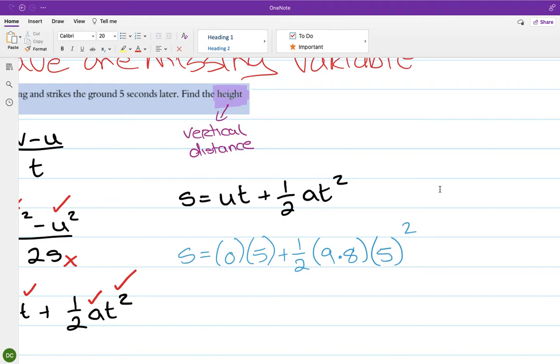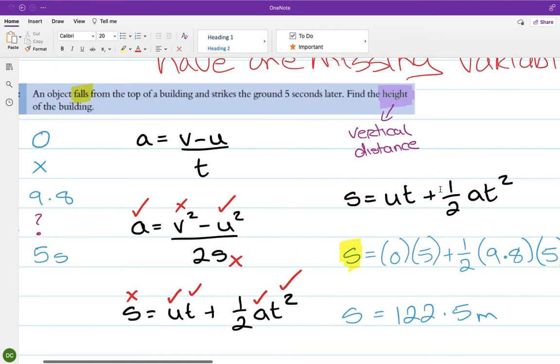So just type all that directly into your calculator. There's no algebra needed here because the thing we are trying to solve for, the distance, is already isolated. So we don't need to do any algebra, which is always handy. So I am getting a distance of 122.5 meters. So that's the height of the building.